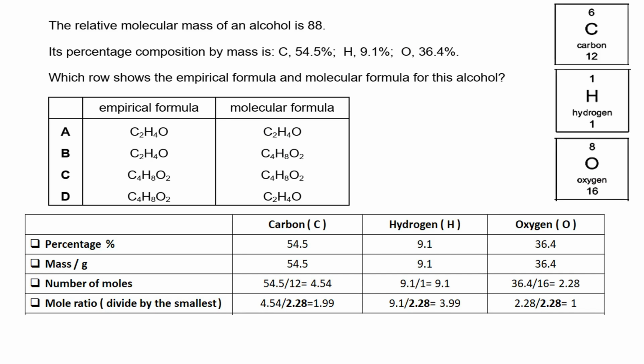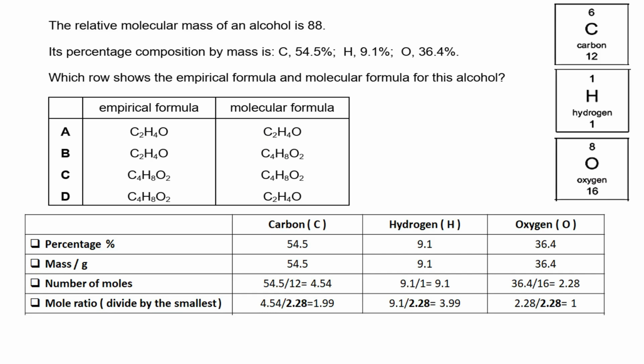So 4.54 divide 2.28 equal 1.99. For hydrogen, 9.1 divide 2.28 equals 3.99. For oxygen, 2.28 divide 2.28 equal 1. Now we obtained more ratio between the three elements, nearly or approximately.